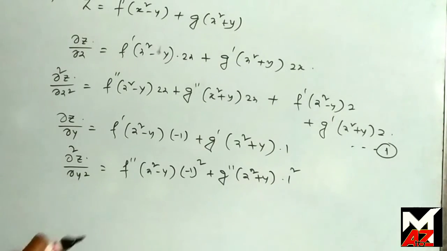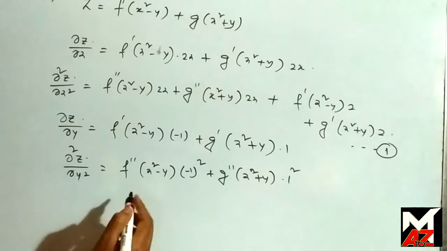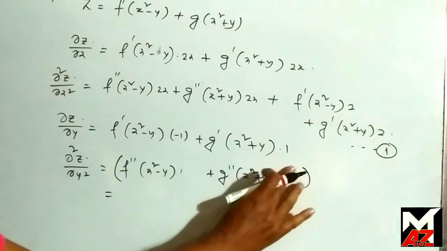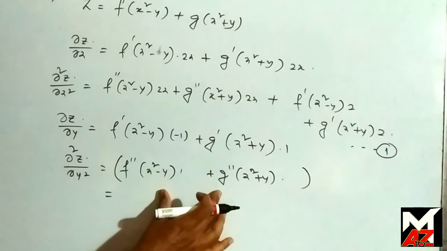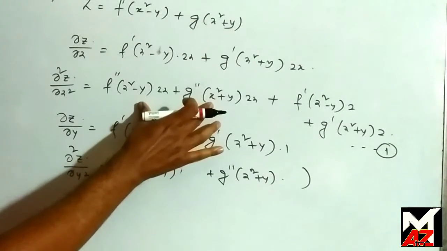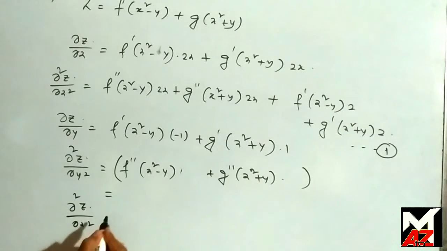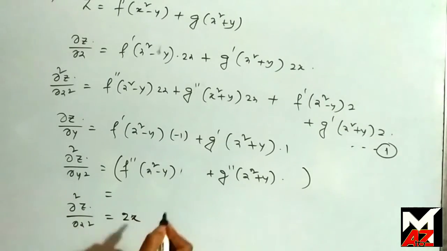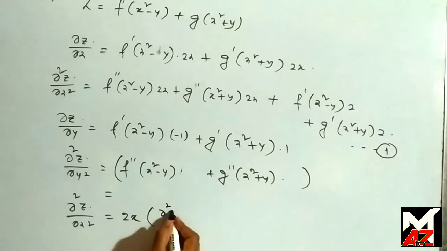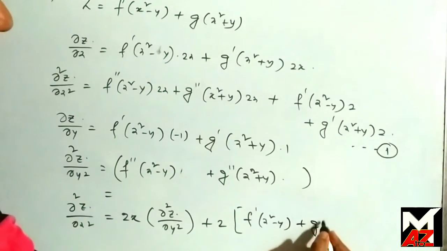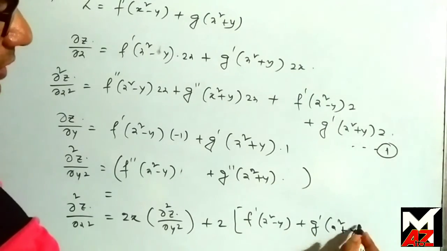Now here we put this result, this is 1, this is also 1, this result here, and we get del 2z by del x2 equal to 2x into del 2z by del y2 plus 2 into (f dash (x square minus y) plus g dash (x square plus y)).